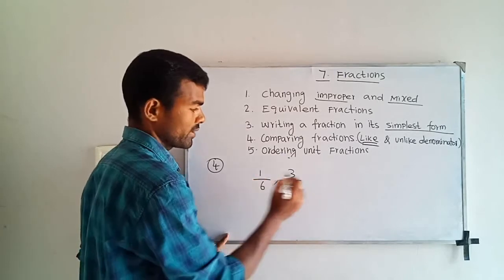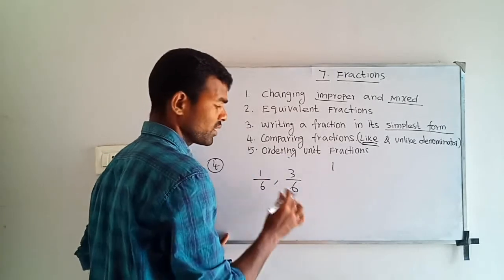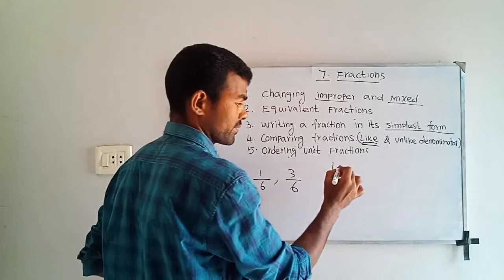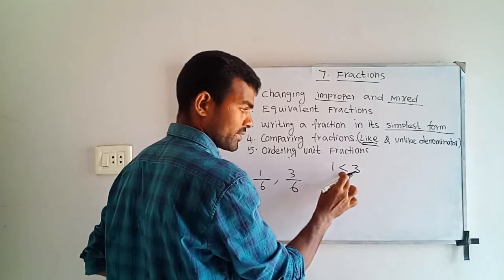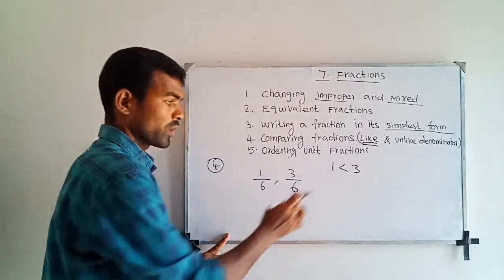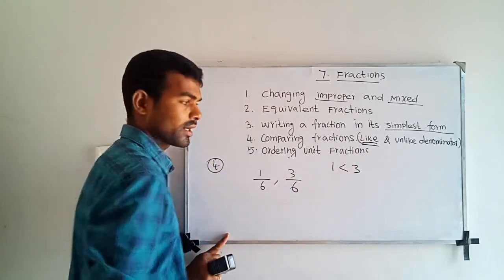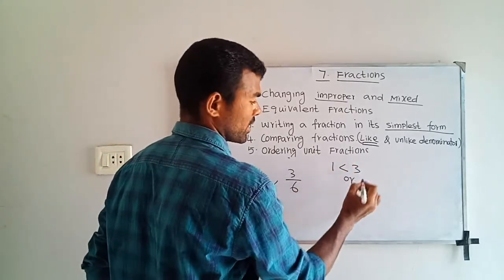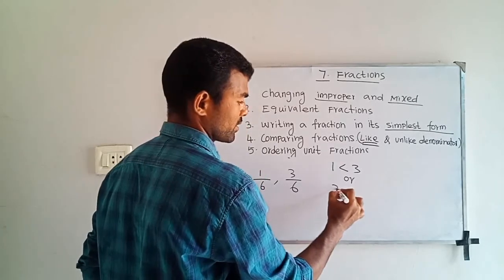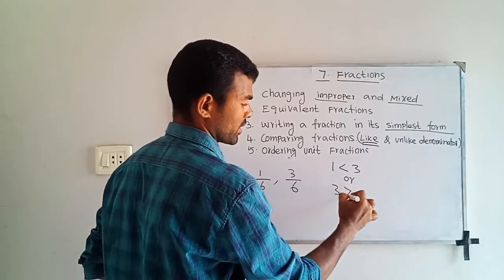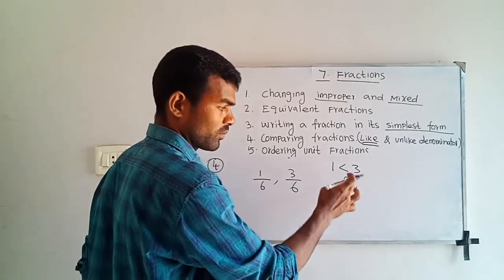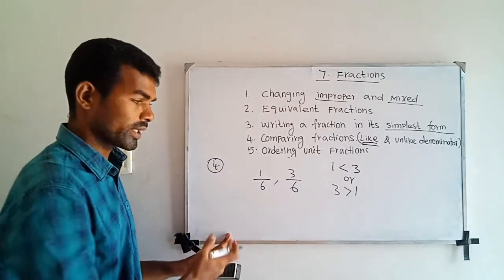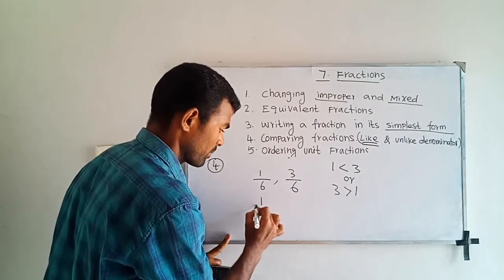We know 1 is small and 3 is big. 1 is less than 3. Or we can tell 3 is greater than 1. Both are the same concept.